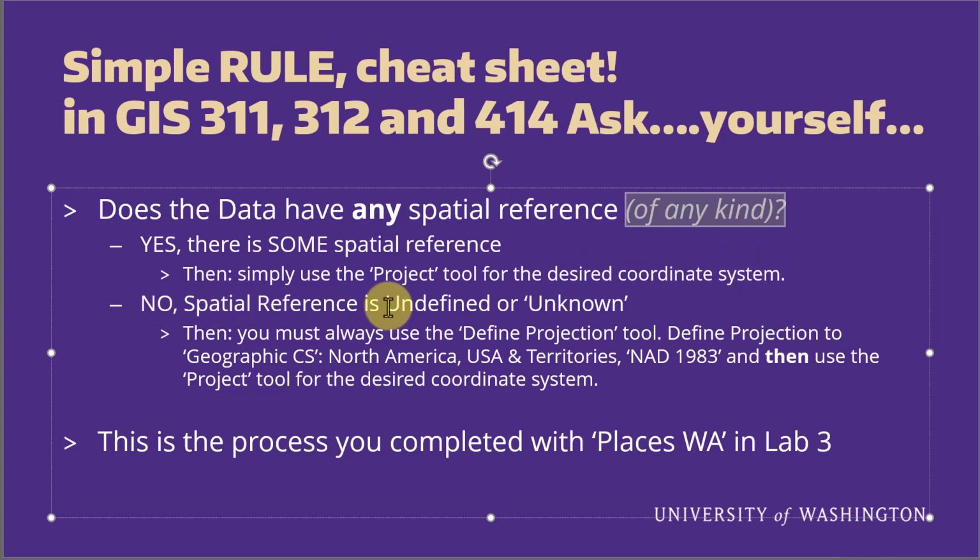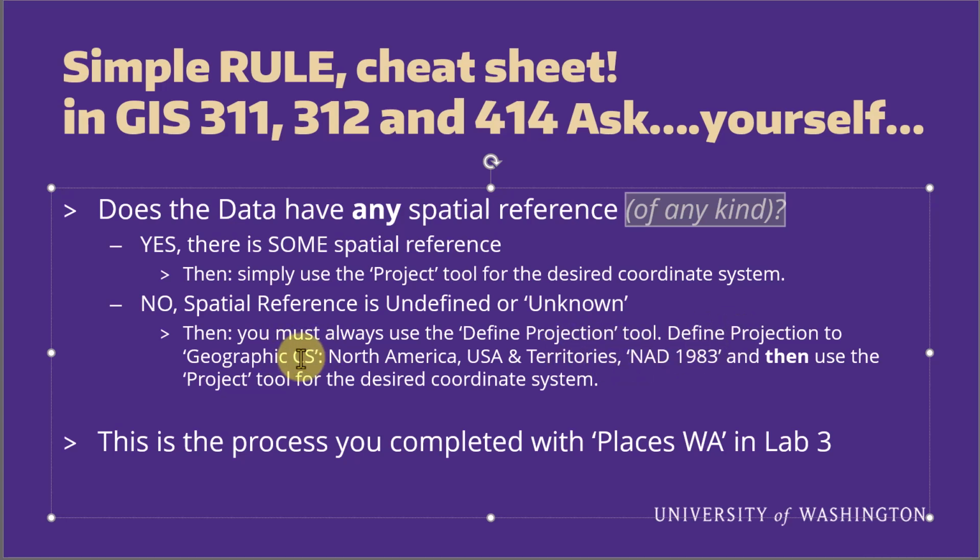No, spatial reference is either undefined or unknown. So that is, does the data have any spatial reference of any kind? The answer being no, then you must always use the define projection tool. And again, you should remember this from the previous slide.